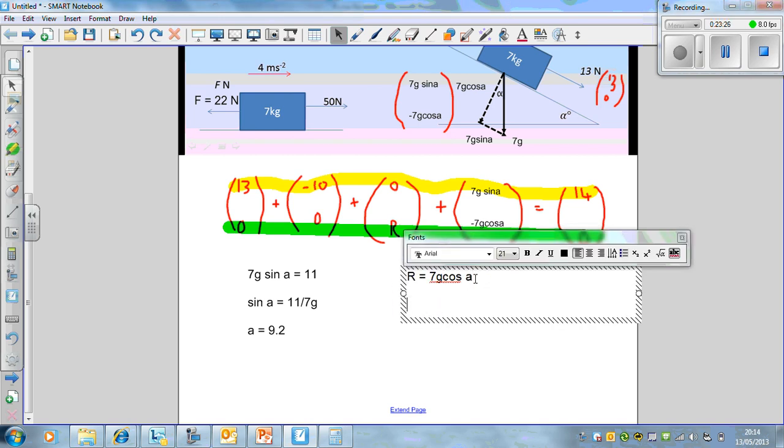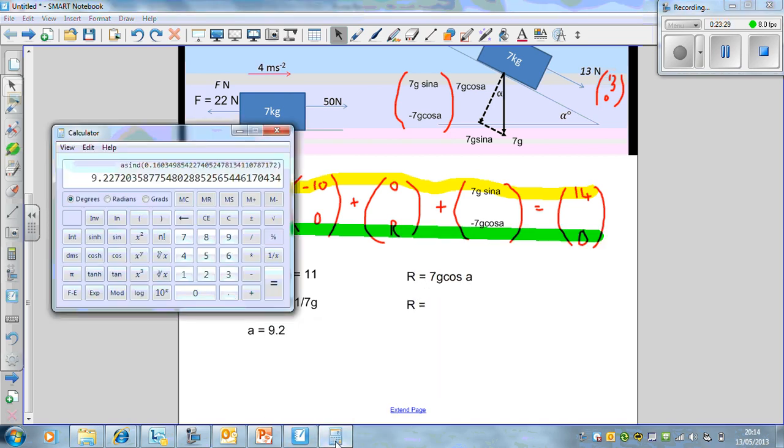So let's whack that straight into a calculator, 7 times 9.8, keeping g as 9.8 this time because it can, times the cos of 9.2. I've checked I'm in degree mode. Let's do it again.